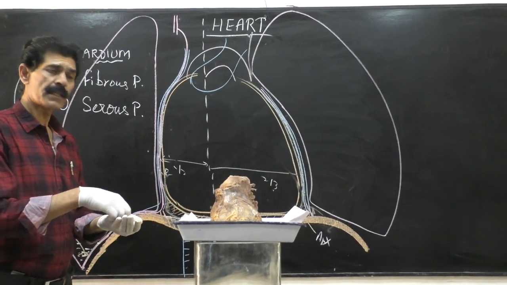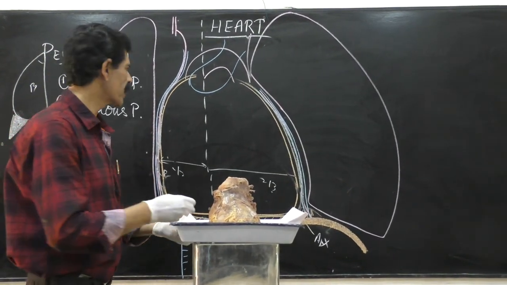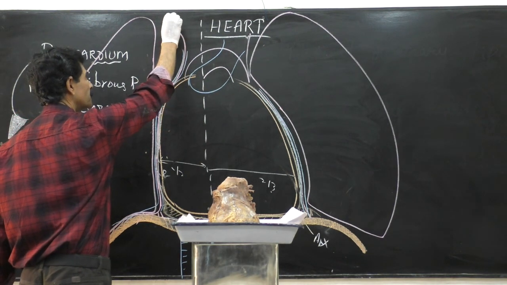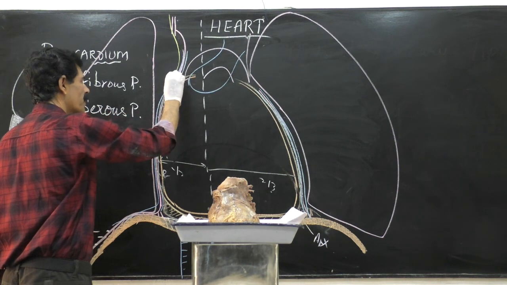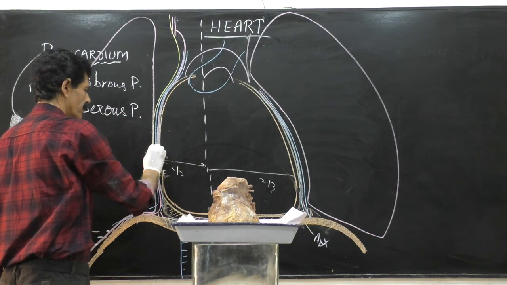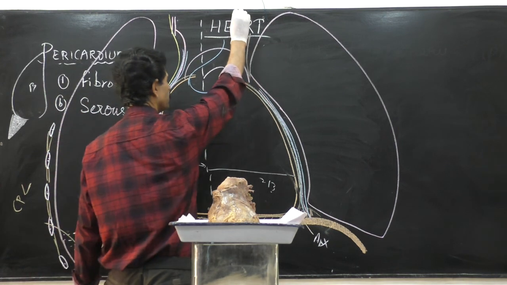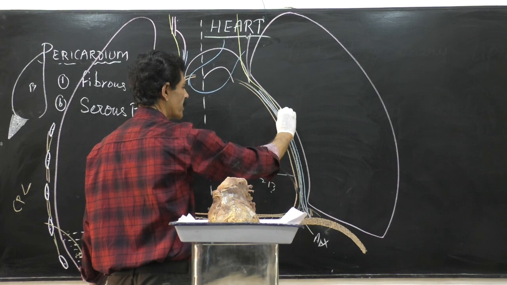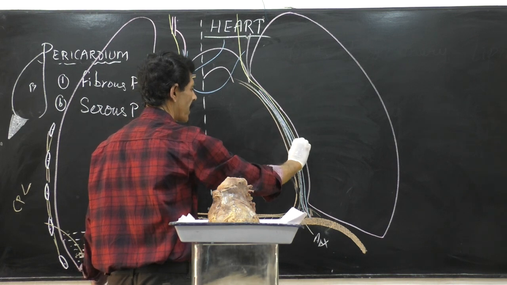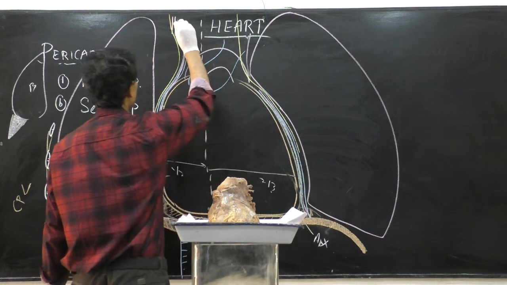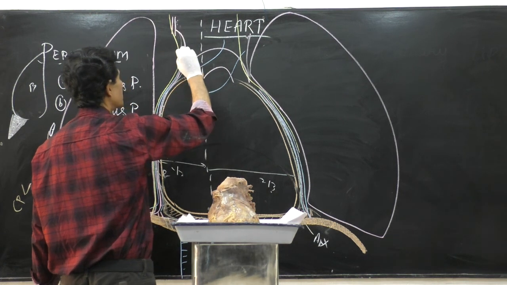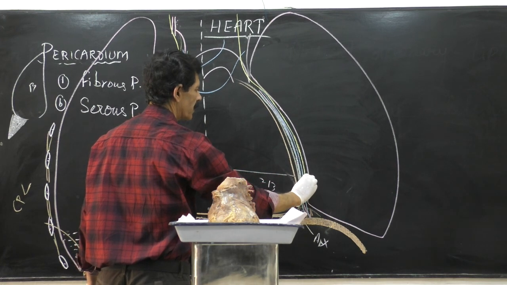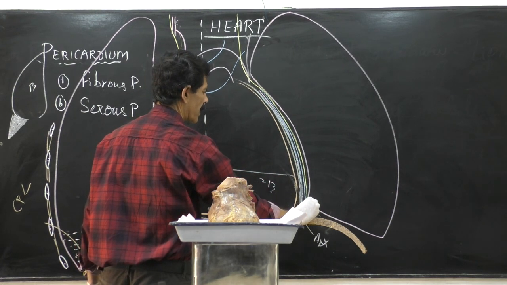Then another important thing about this pericardiophrenic is that it is accompanied by a very, very important nerve. It comes from the neck, crosses the internal thoracic artery from lateral to medial side and accompanies the branch pericardiophrenic right from here, and traverses the whole course of the pericardiophrenic artery.